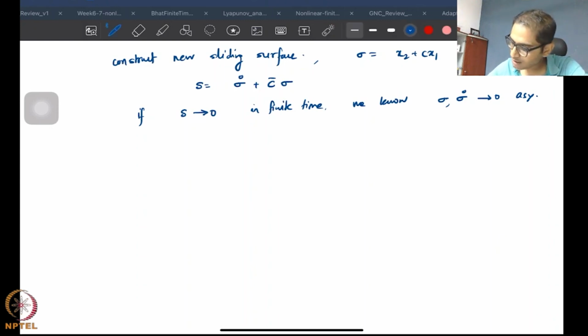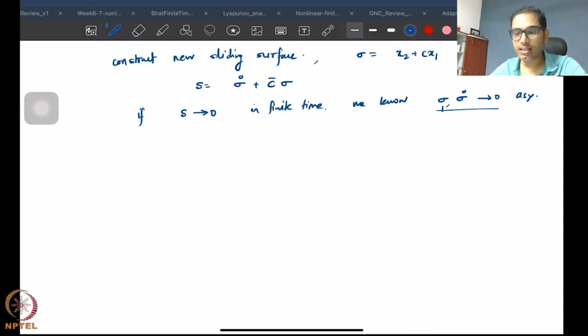So we just proved that sigma dot goes to 0 asymptotically, right, which means that the earlier sliding variable is no longer going to converge in finite time, right? So we are in fact working with an auxiliary sliding variable s, right? But this sigma now goes to 0 only asymptotically, not in finite time, right, like before.